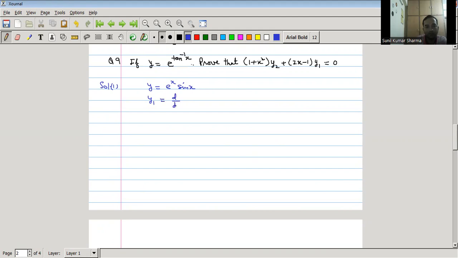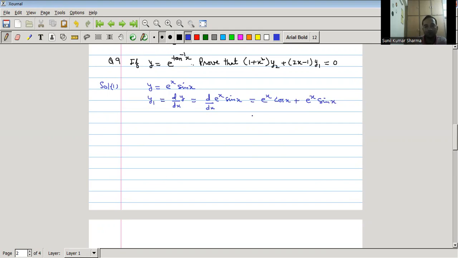d by dx of y. And what is y? d by dx of e to power x sin x. So we use the product rule. We get e to power x, derivative of sin x is cos x, plus derivative of e to power x is e to power x into sin x.